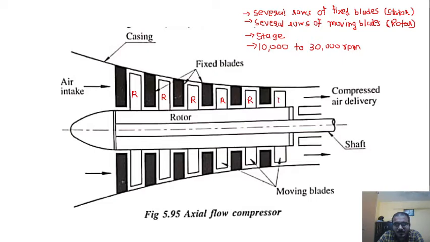These rotor blades are moving blades, as it is written over here that there are several rows of moving blades at rotor, and these black color blades which are connected or joined with the casing, these are the stator blades.